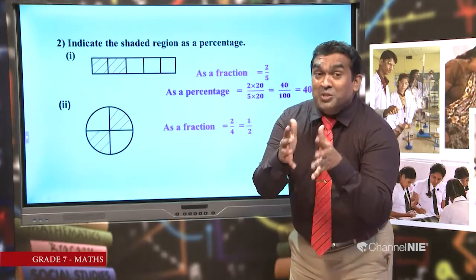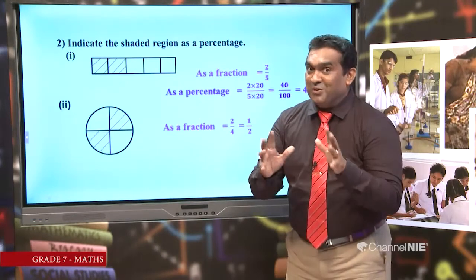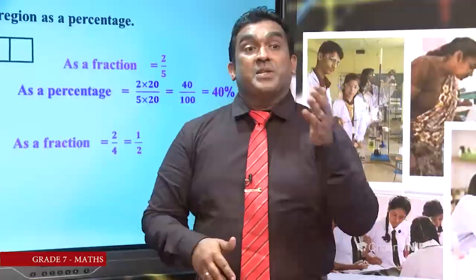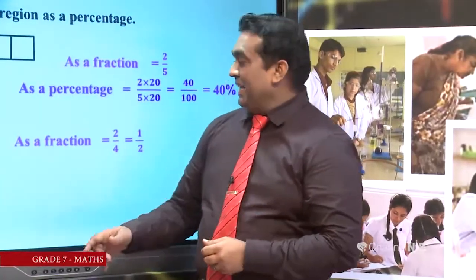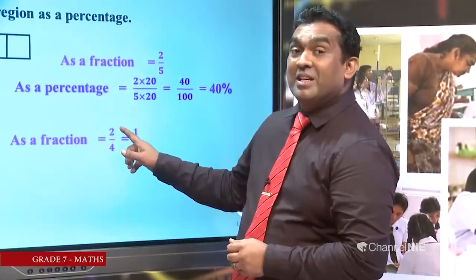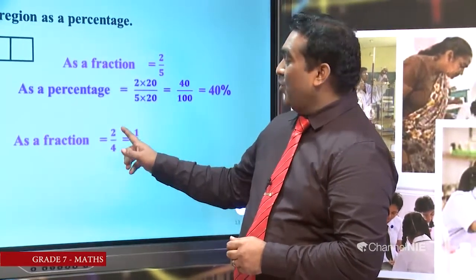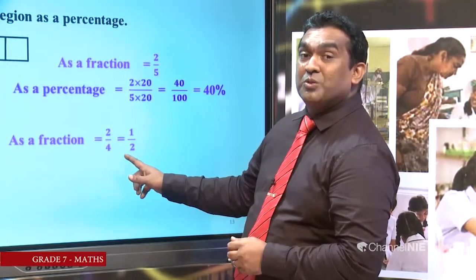I used it there. As I told you, there is a link between these lessons, ratios and percentages. Here, divide the numerator and the denominator by the same number. 2 over 2, 1, 4 over 2, 2.